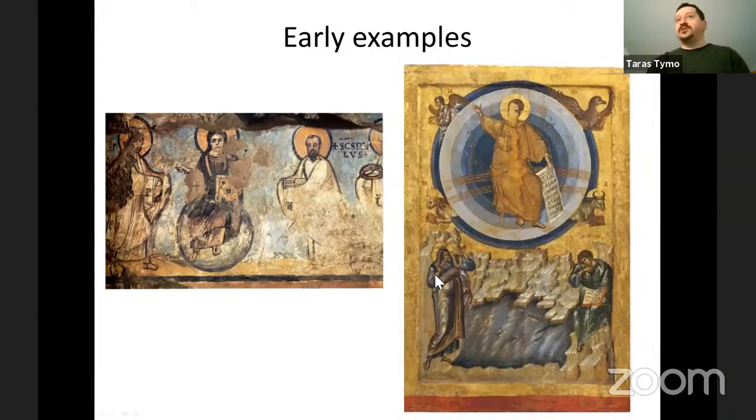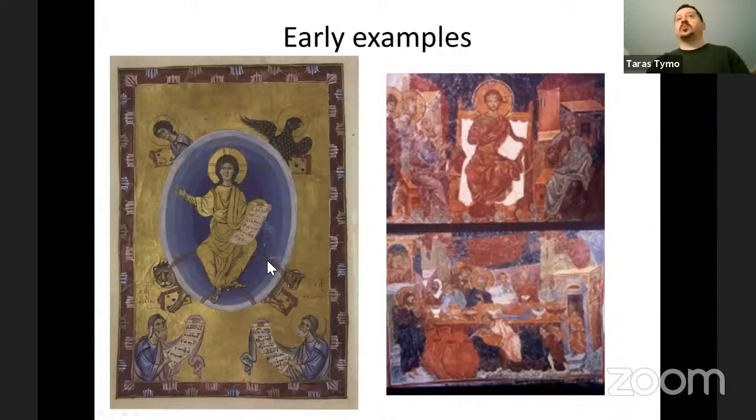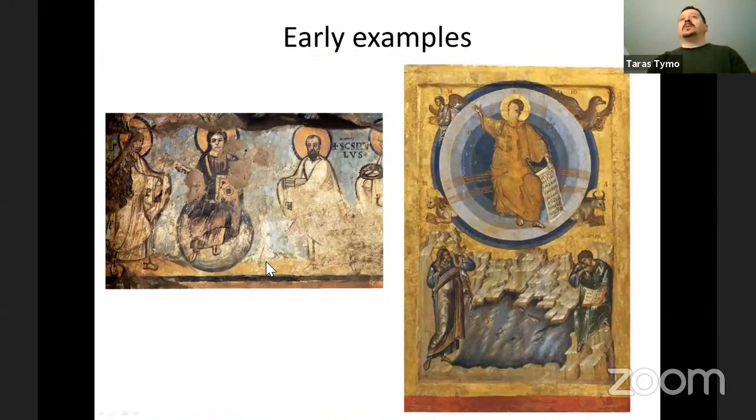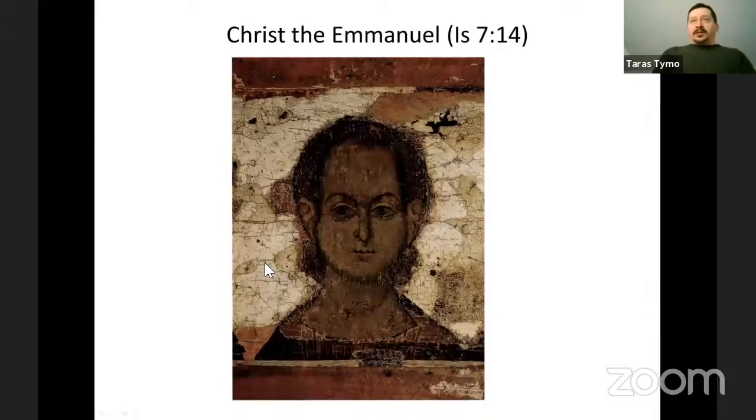And here again, the vision of Ezekiel, who sees Jesus as a young boy enthroned in a similar composition like this one. Classically, the Emmanuel looks like this. Usually it's something like, I don't know, a 2-3-year-old boy, usually held by Mary or sometimes independently, like in this icon.